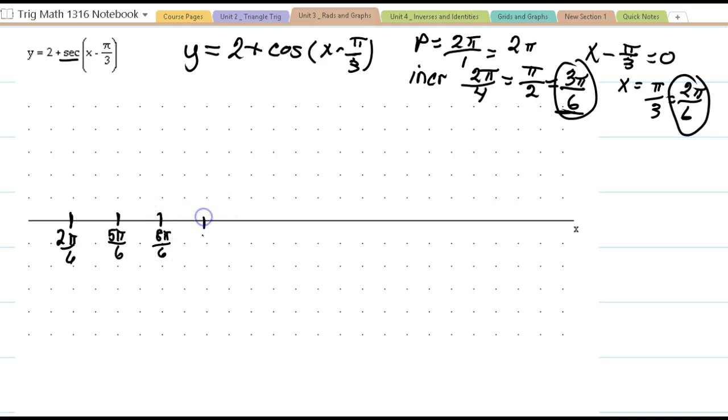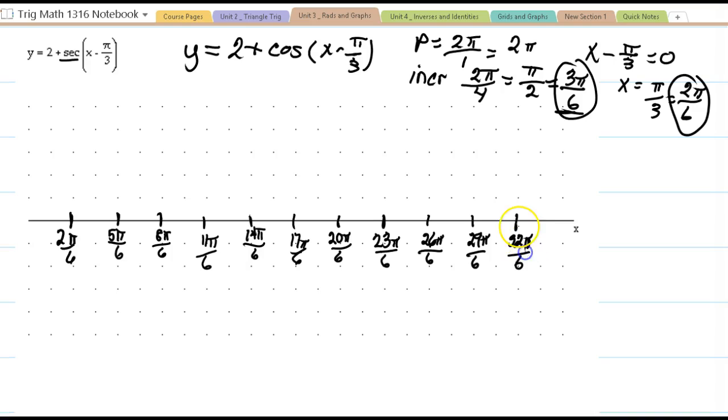This is going to be 11 pi over 6. This is going to be 14 pi over 6. And I'm just adding the same number over and over again. And notice I'm doing the same increments, the same spacing between my notches. And I'm going to stop right here.